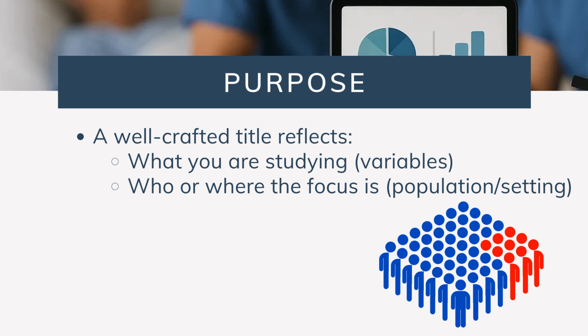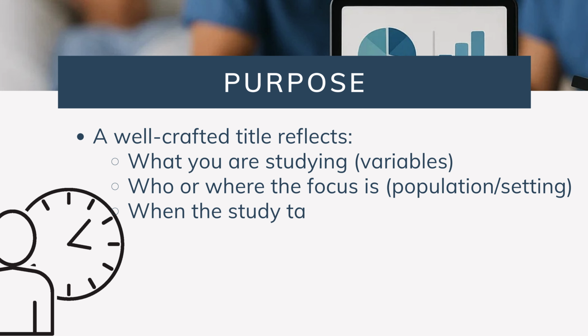If the research is done during hospital duties or in a community setting, specify that. Your title should reflect these details to help readers determine the study's relevance to their own context or field of interest.